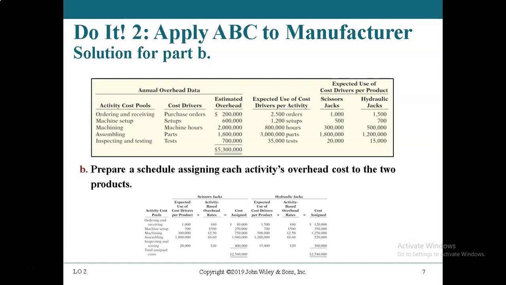Okay, take a look here. Scissor jacks, that's on the left side here. This is all scissor jacks. Scissor jacks uses 1,000 orders. And how much is each order? It's $80. So how much ordering and receiving cost does scissor jack get? 80,000. Where do these numbers come from? Right here. Scissor jacks uses 1,000 orders.